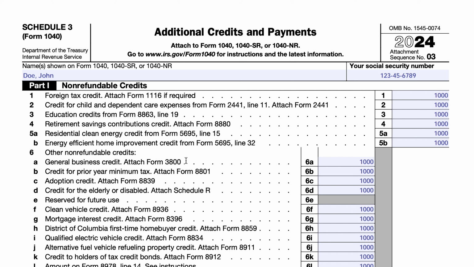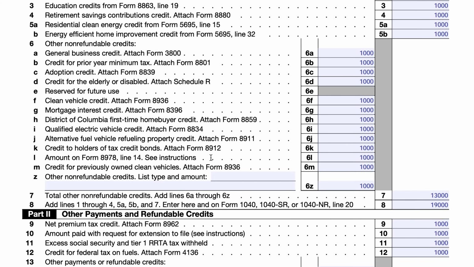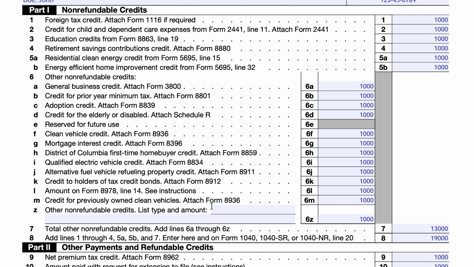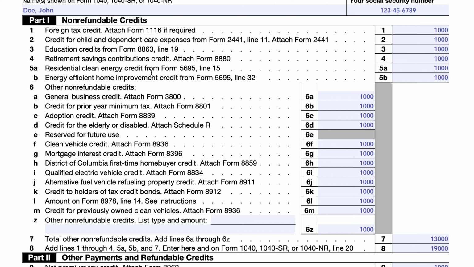So this schedule is broken down into two parts. Part one is non-refundable tax credits. Part two consists of tax payments and other refundable credits. The difference is primarily the difference between non-refundable credits and refundable credits.